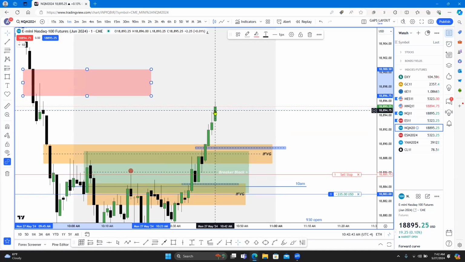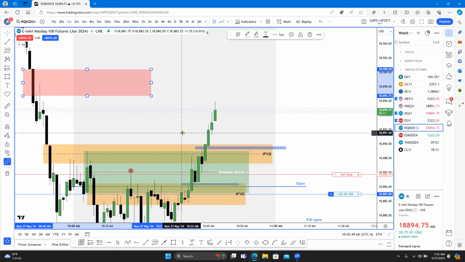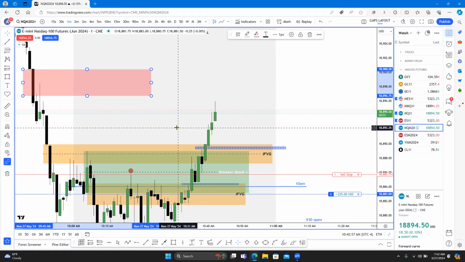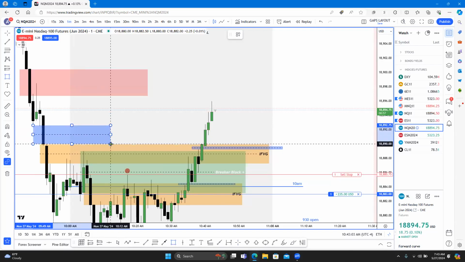Down close candle as support, bullish order flow. Exactly. Exactly, Jacob. Now we have this one.